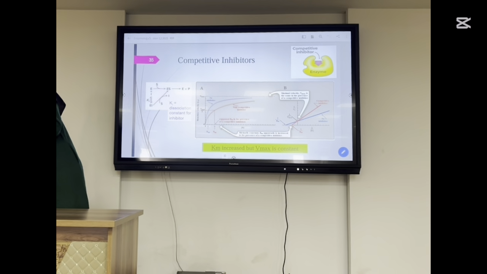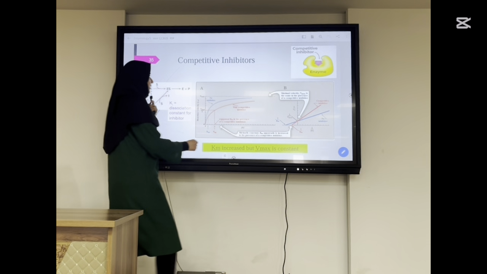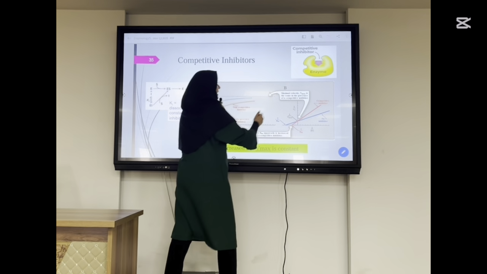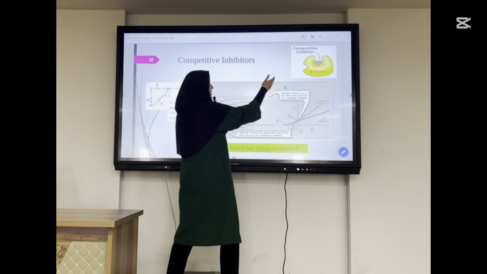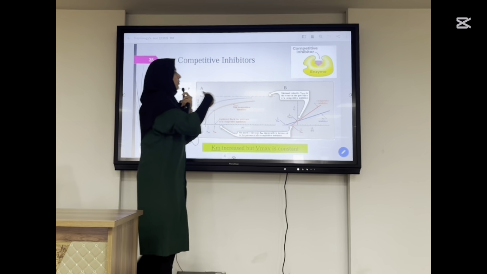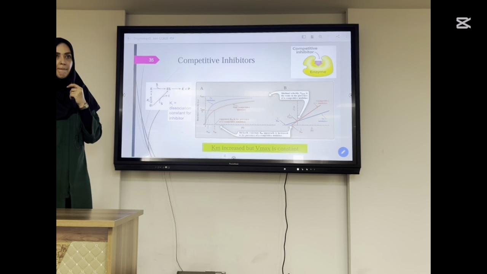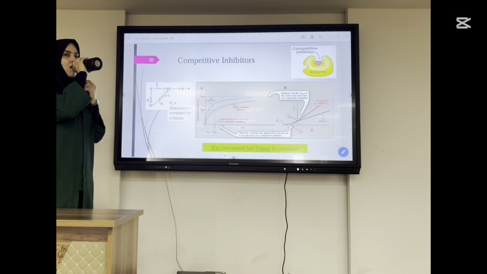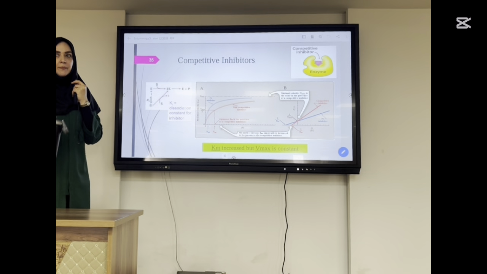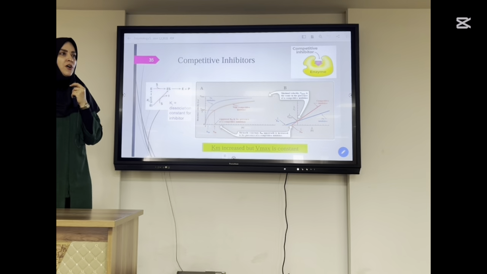How do you think about it? Competitive. Please pay attention to this figure. How can we explain the competitive inhibitor? This is the active site, okay? Who can explain? What do you think about competitive inhibitors? Inhibitors are molecules that control the function of enzyme.